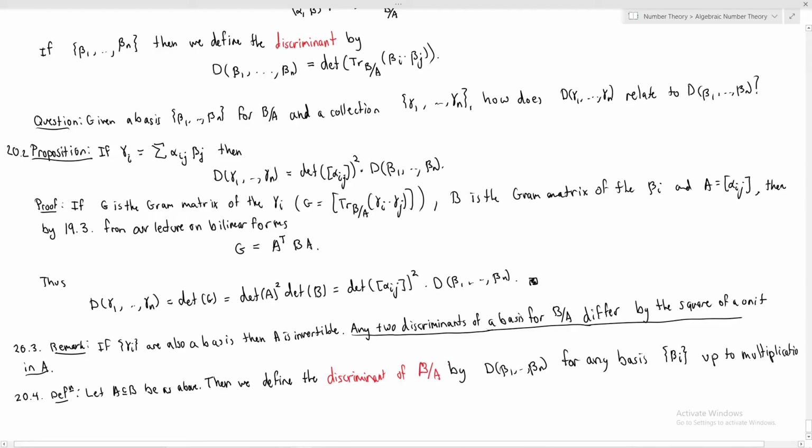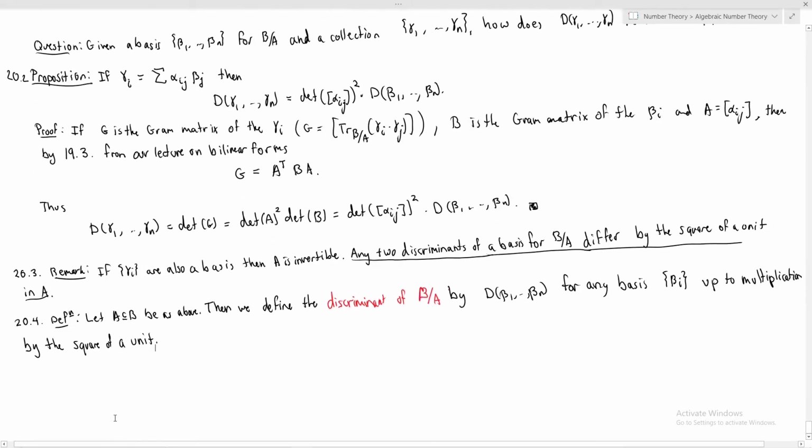So this is kind of an annoying thing, right? The discriminant of an extension of rings is not really always well defined. However, in the most common setting, it is well defined.